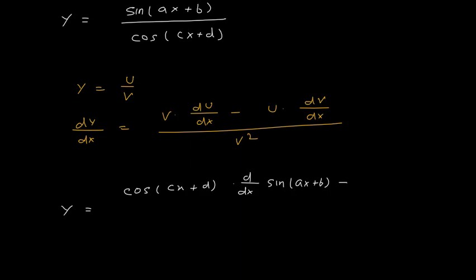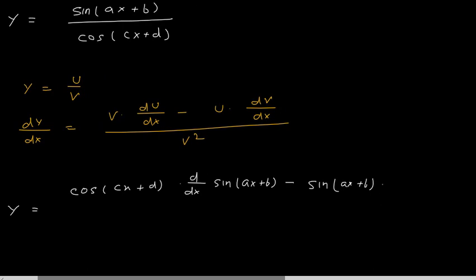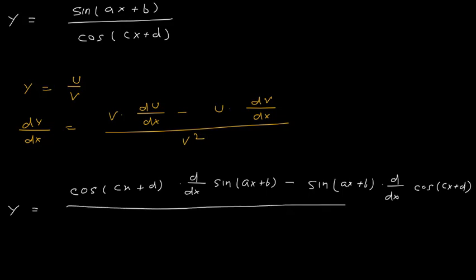Then we have minus sign, u is sin of ax plus b into derivative of cos of cx plus d, whole divided by, we have cos square cx plus d.